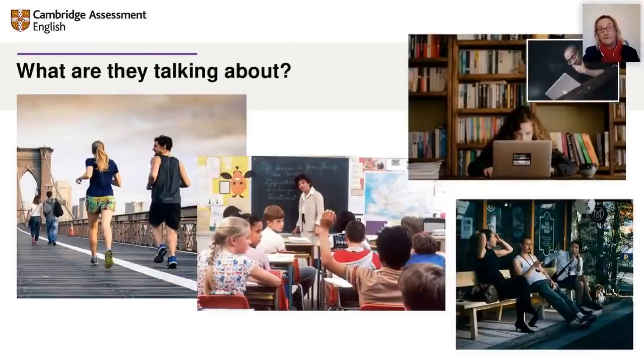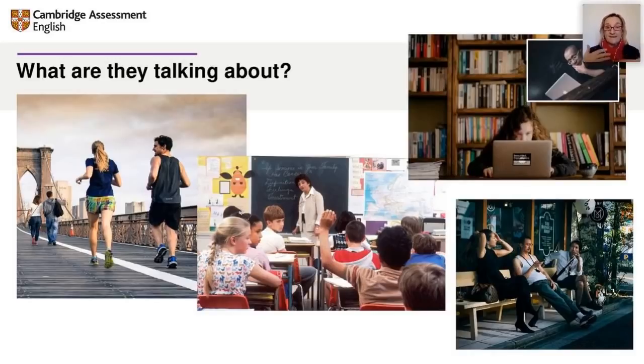So what can you do? Instead of going straight into the exam question, let's do some pre-listening tasks, using pictures like this. This is a downloadable lesson plan that we'll be able to give you access to after this session. It's a new one. You get the students to think about what people are talking about in these situations.